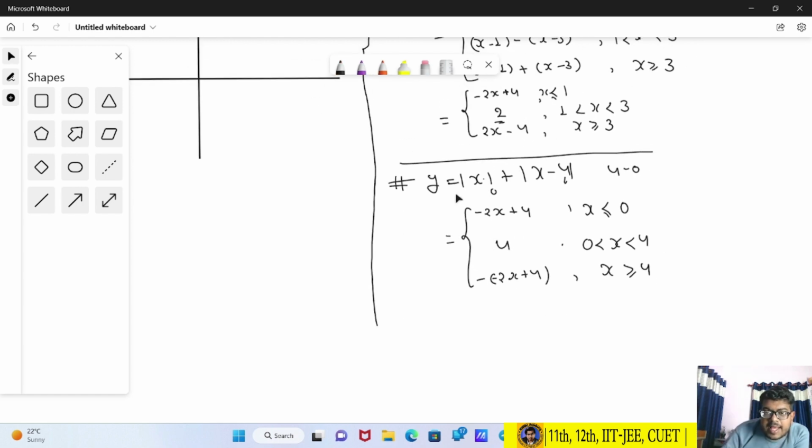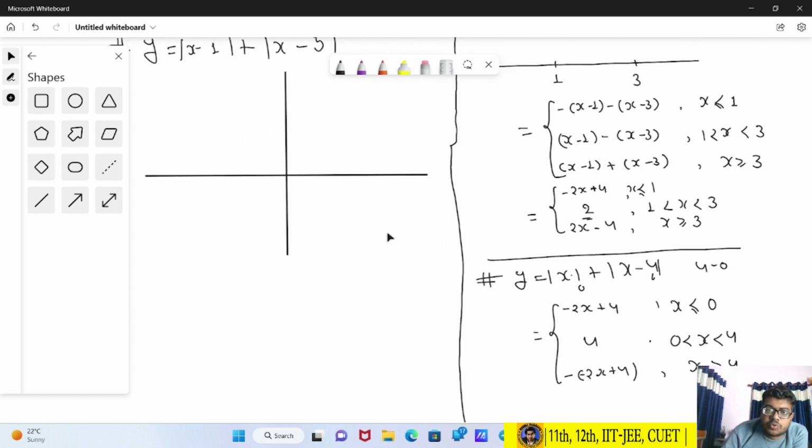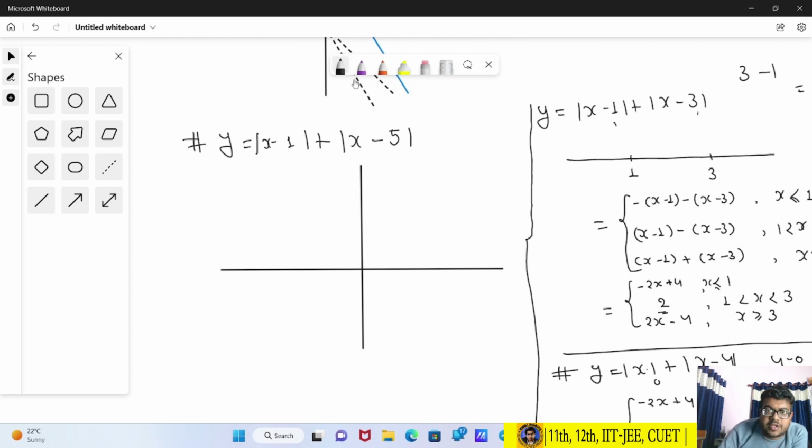As in this way we come to our question and define the function. Here the turning points are 1 and 5. When x is less than or equal to 1, we take any value, say 0.